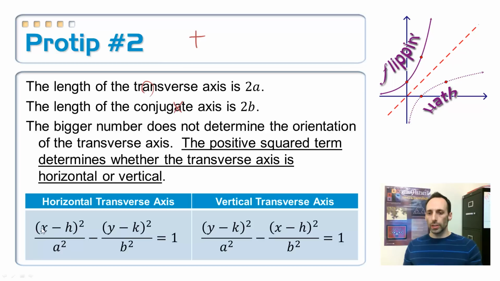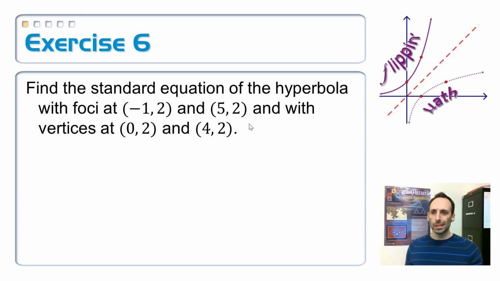A squared is going with the x squared term, which means that it must be a horizontal transverse axis. And the a squared on the second one is underneath the y squared, so this one's going to be a vertical transverse axis.